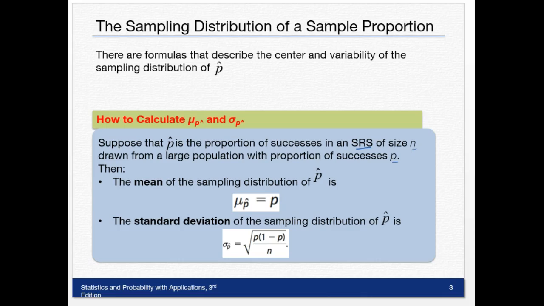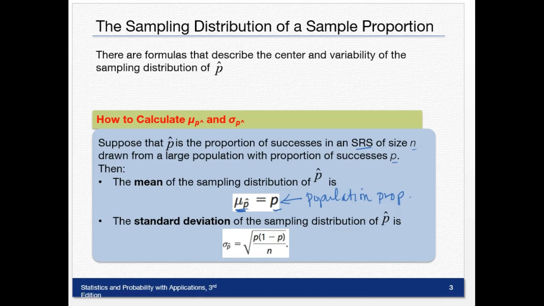Then the mean of the sampling distribution of p hat, and that's how we notate it right here, the mean of the p hats is equal to p. Remember, this is the population proportion. So the mean of our samples will always equal the population proportion. So really there's no calculation here. You just have to understand this relationship.